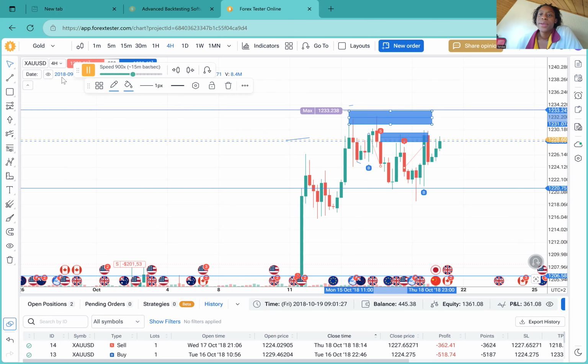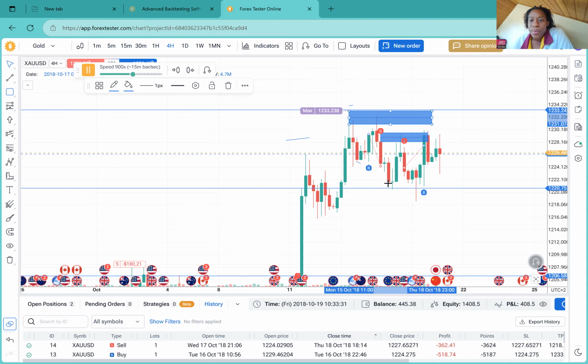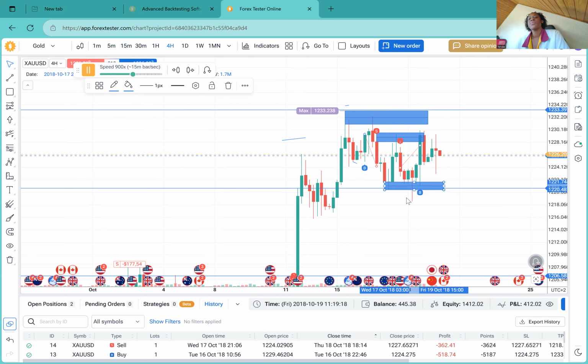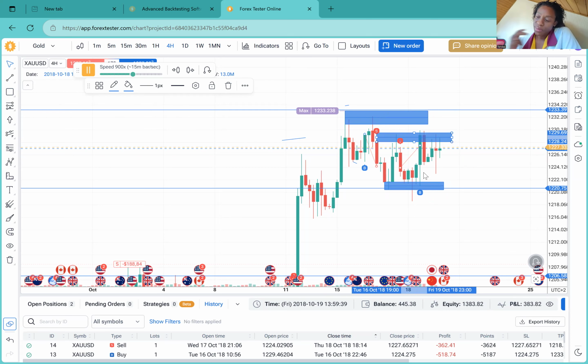Okay. So from this base right here, say buyers are sitting right here, pushing the price up, and sellers are also at the top, pushing price down. So that's the battle of buyers and sellers, right?